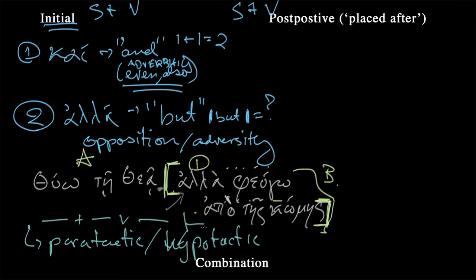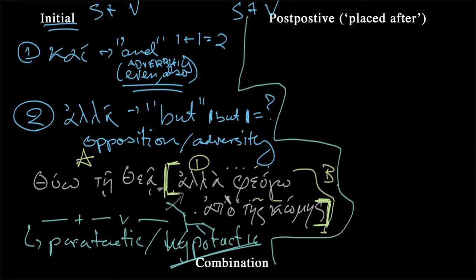If we remember our middle school English classes where we had to diagram sentences, those long branches of diagramming are a sign of hypotaxis. Paratactic is: I went to the store and I saw my friend there and he was walking his dog and... That's paratactic. That's what initial connectors like alla or kai can do. Well, postpositive connectors can also lead to parataxis, but it's a different kind of setup, and let's talk about that.